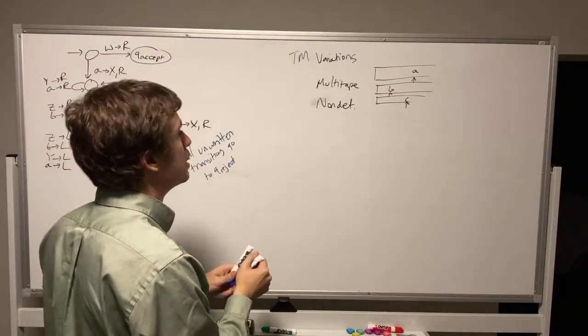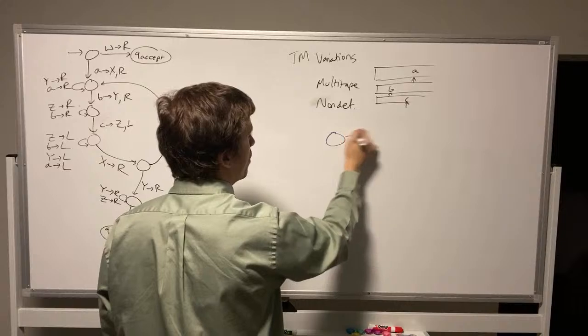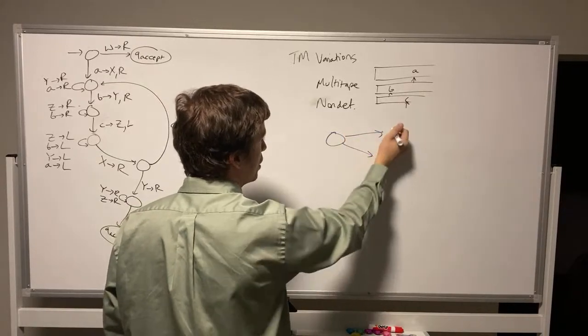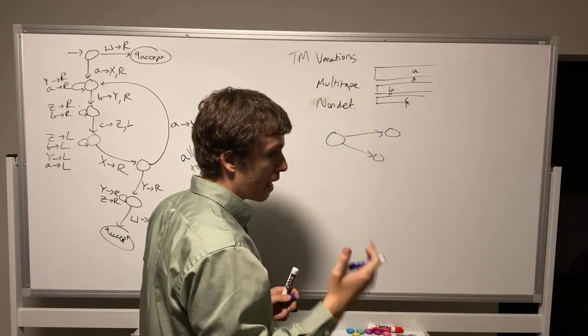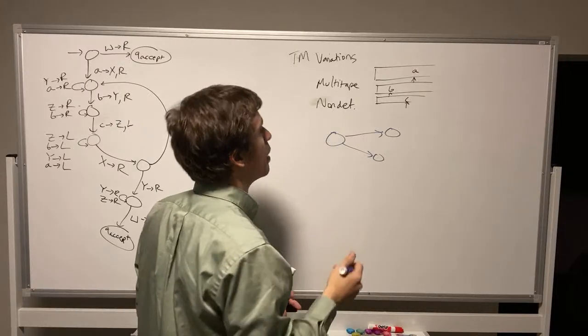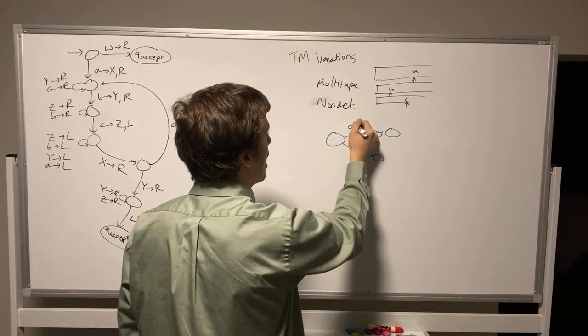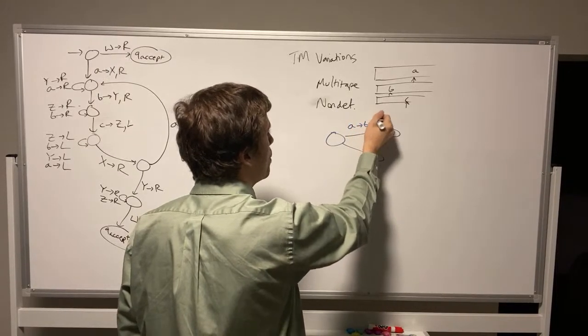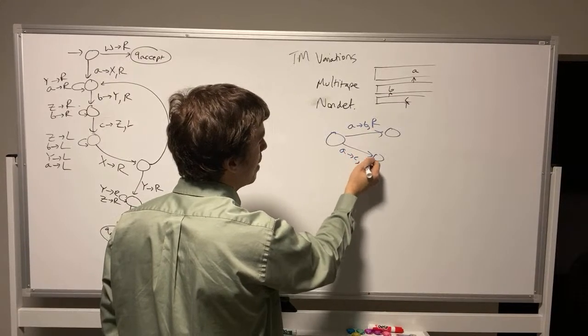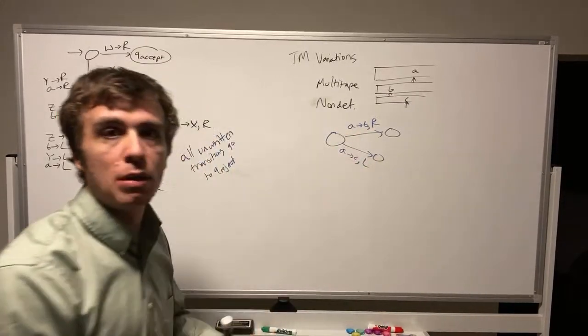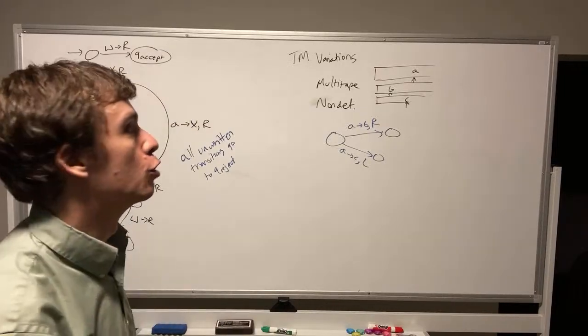And then non-deterministic is where we have any number of transitions that we want on the same character read and state that we're in. So maybe we could have A gets changed to a B and moves right on one transition, and another one that changes it to a C and moves left on another one. So it's not deterministic in that sense of what to do.